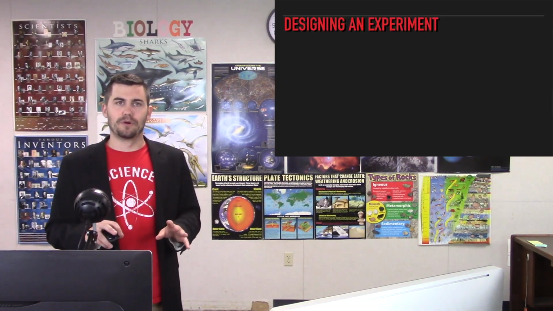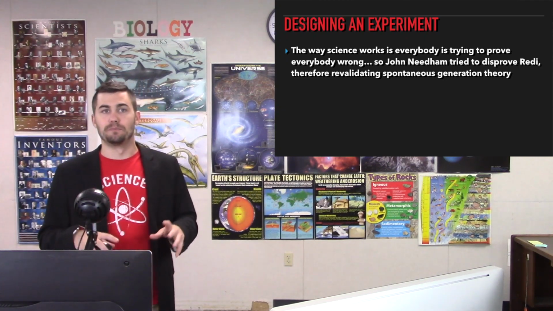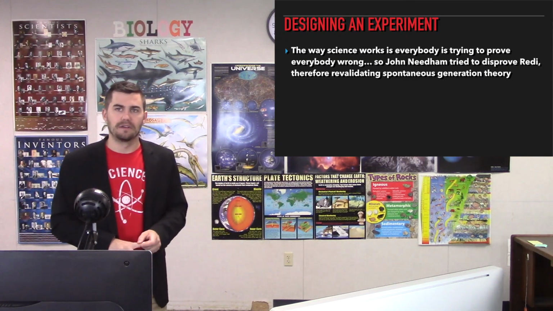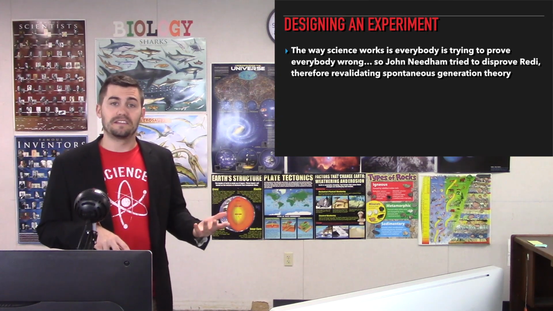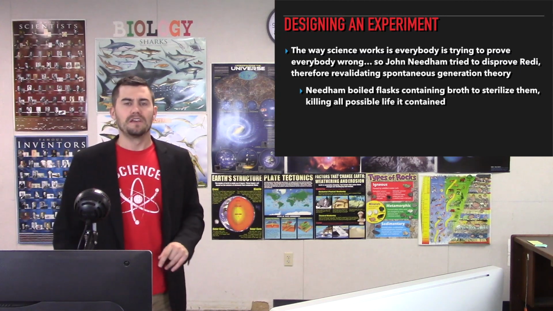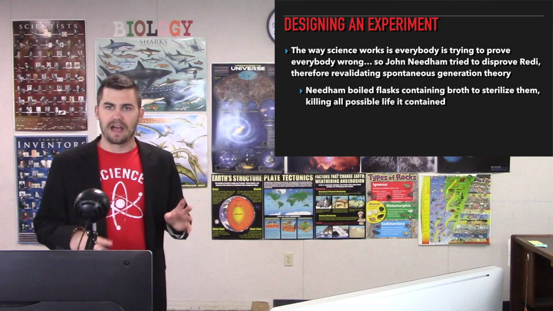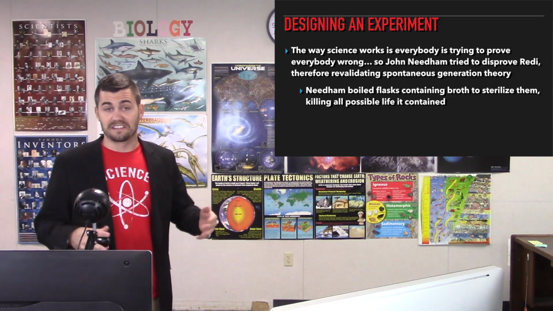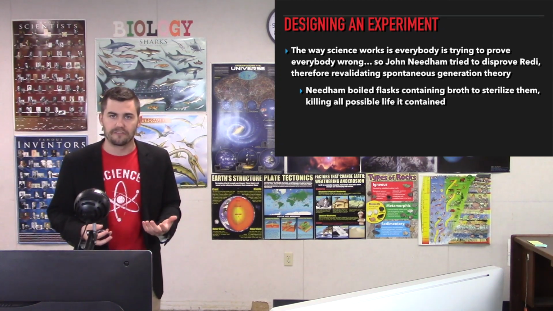So a very important thing, the way science works is that everybody is trying to prove everybody wrong. And so another scientist comes along named John Needham, and he tries to disprove Redi. So his goal was to revalidate spontaneous generation theory. So what Needham did was, he didn't use meat, but he used boiled flasks containing broth so that it would sterilize them, killing any potential life that was inside of those flasks.